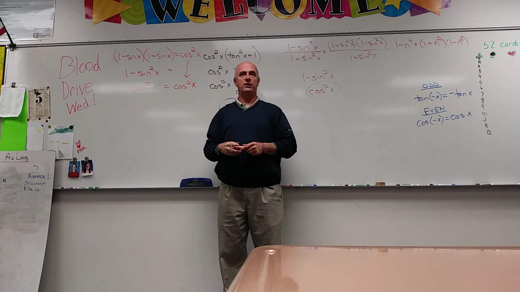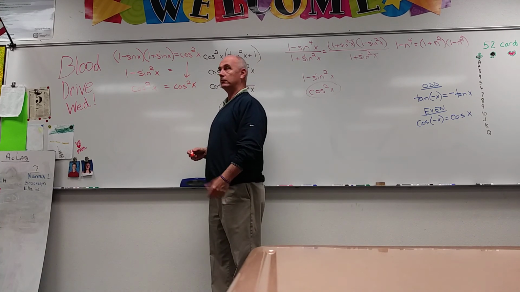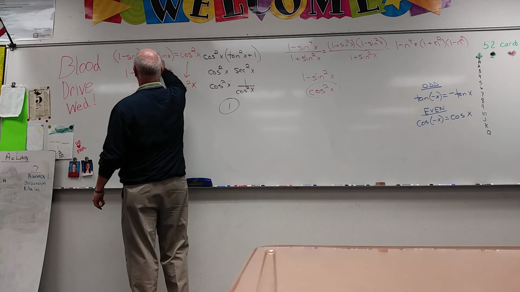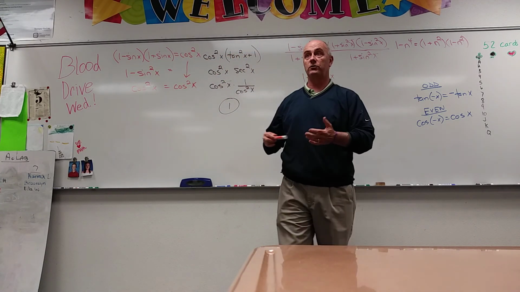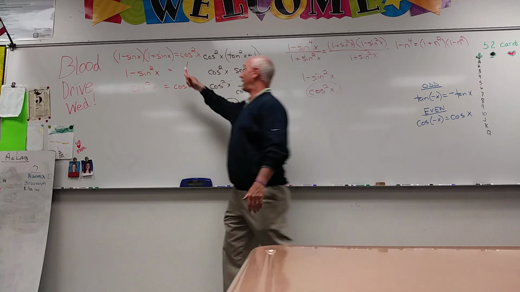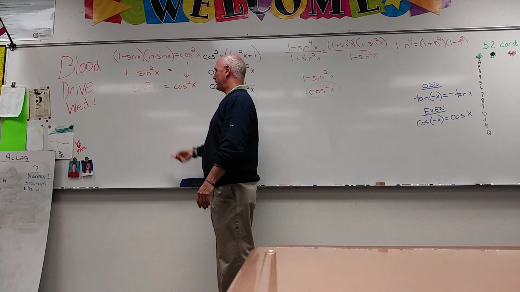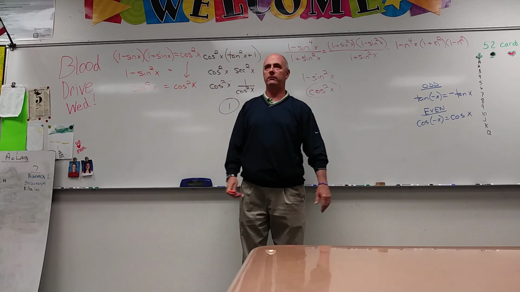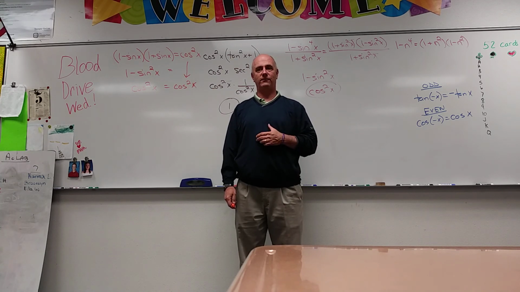If you don't show your steps, you haven't done the problem. I know what the answer is: 1 minus sine of x times 1 plus sine of x is equal to cosine squared of x. I know that's what I have to come up with. To write at the bottom cosine squared of x equals cosine squared of x, well, of course I know that. How did you get there? That's what I want to see.